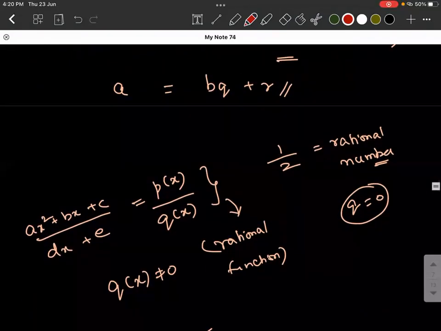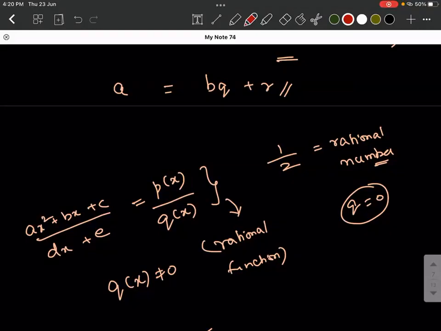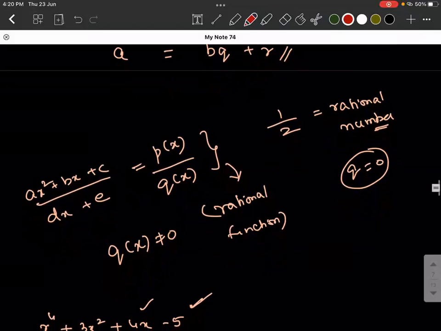So I hope I didn't confuse you with rational number and rational function. No? Yes. So can you scroll up?